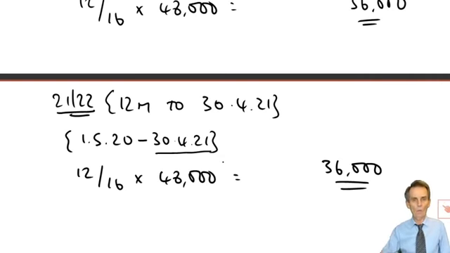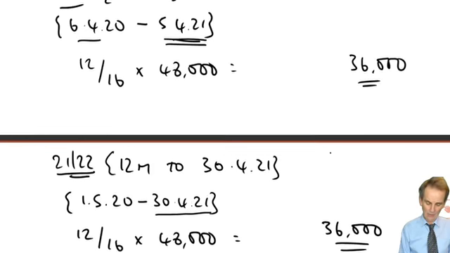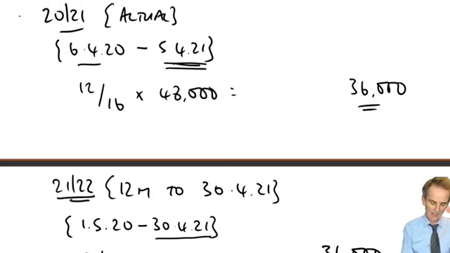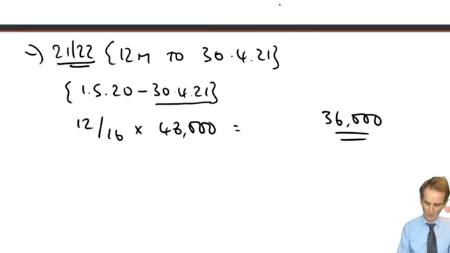That's just one more month. So 11 of the 12 months that have been assessed in 2021 are the same 11 months that have been assessed within 21-22. We have 11 months of overlap. We'll come back and do that calculation of overlap profit in a moment, but let's just finish our assessments.